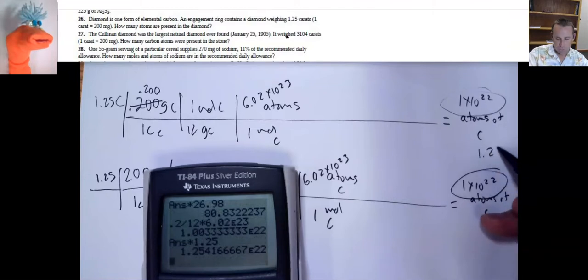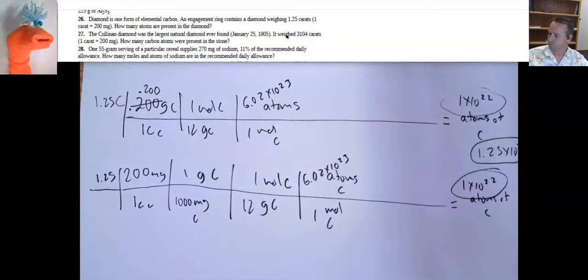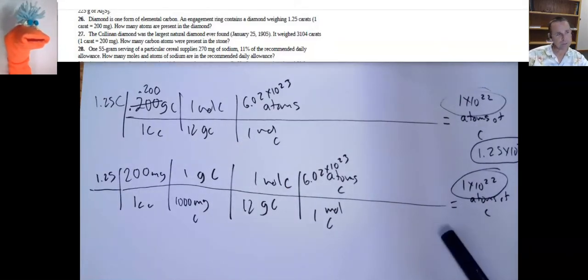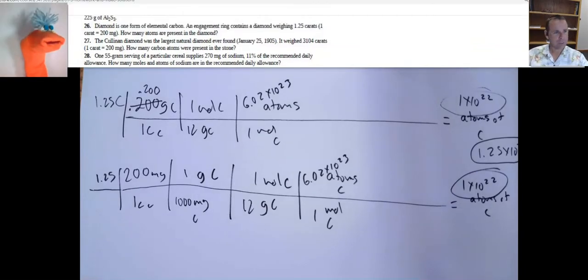So it's 1.25 times 10 to the 22nd. Okay, good.